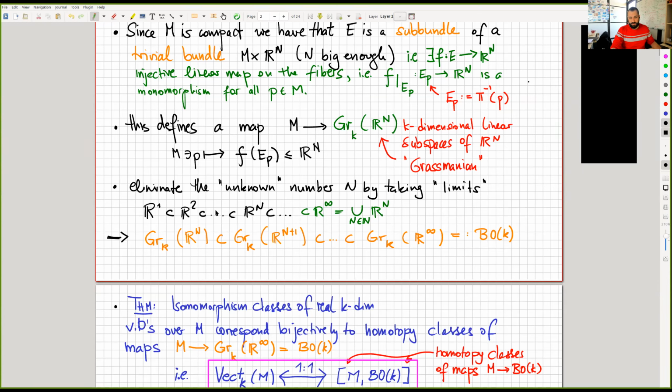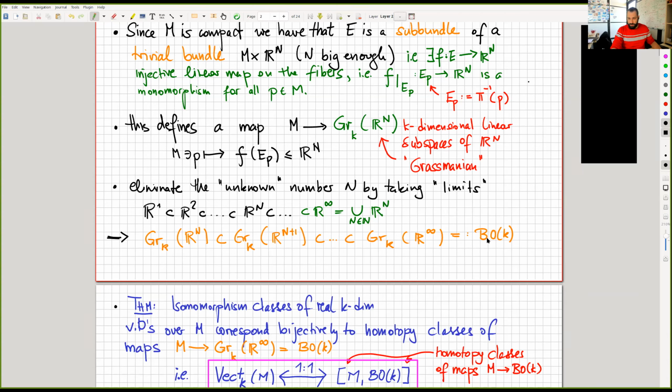So you have this chain of inclusions of R^n's, and then you can more or less take a union of it with a special topology on it. And if you do that, you also get a chain of Grassmannians with the inclusions. And you can define this as a kind of limit of this chain of Grassmannians. And this is what we call BO_k.